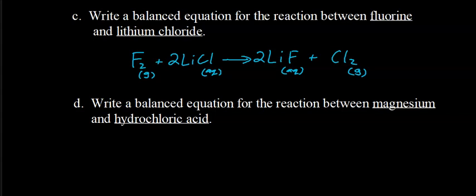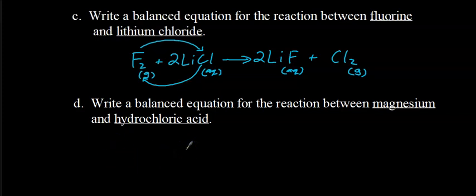It's going to replace the nonmetal, or the halogen. So fluorine and chlorine trade places. You make lithium fluoride and chlorine gas. Make sure both your fluorine and your chlorine are diatomic, F2 and Cl2. And there is the balancing.